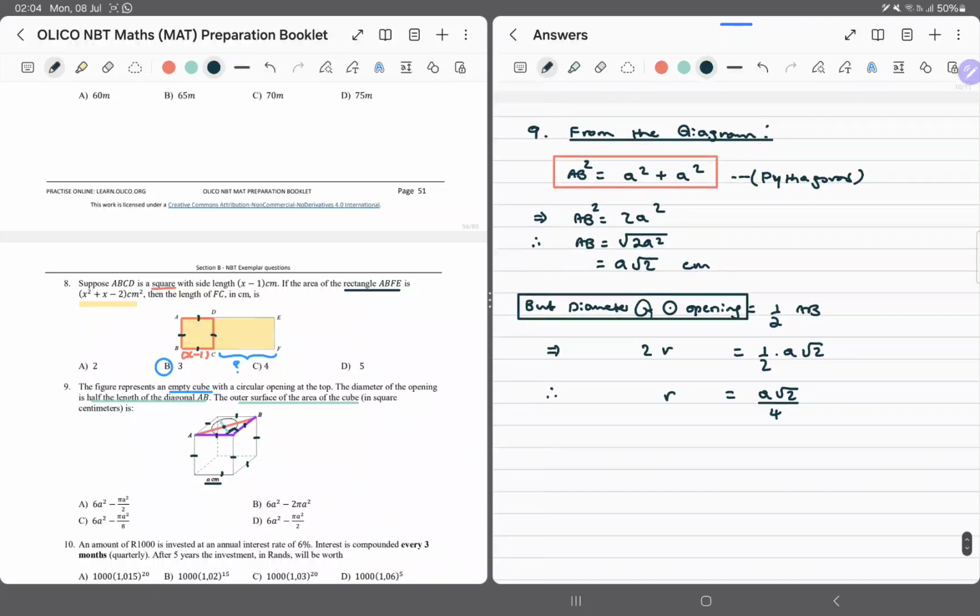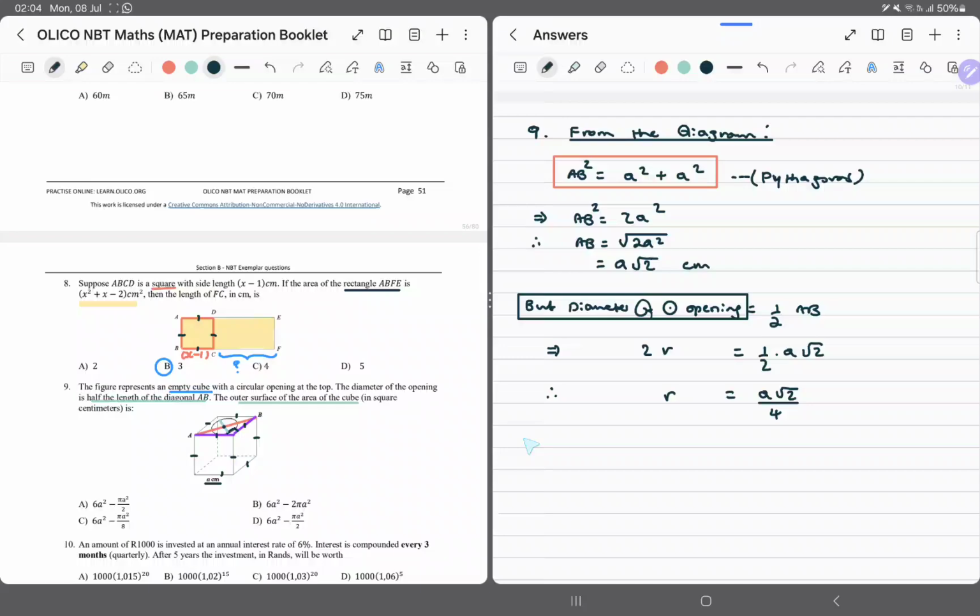Now let's finish, guys. So we want to find now the total surface area. We can say then the surface area of the cube with the opening, remember?